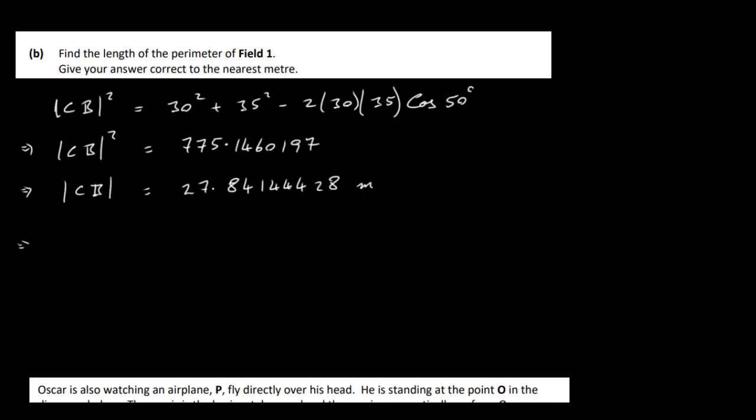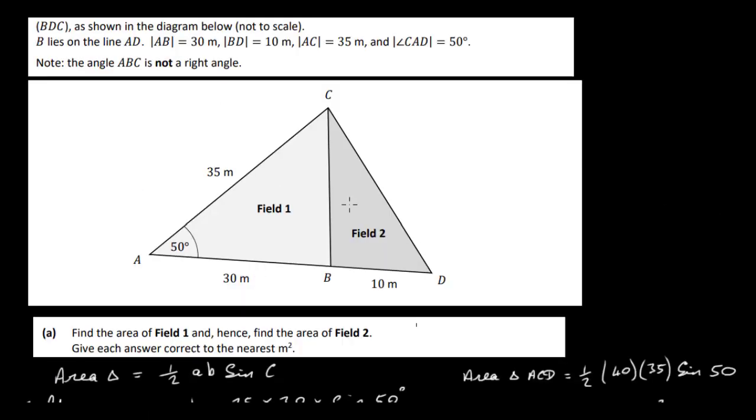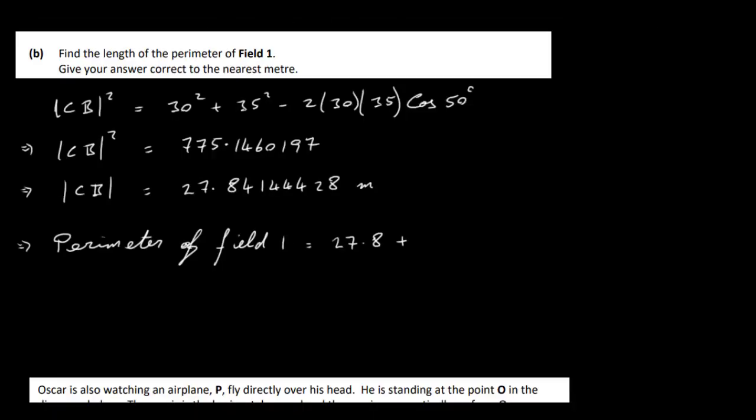So that means then that the perimeter of field 1 is equal to, give your answer correct to the nearest meter, so I'm going to say, let's just say 27.8, plus 30 plus 35.